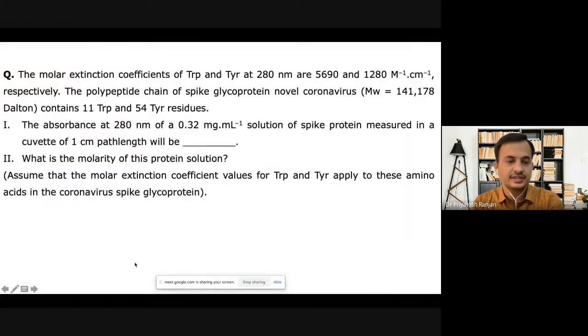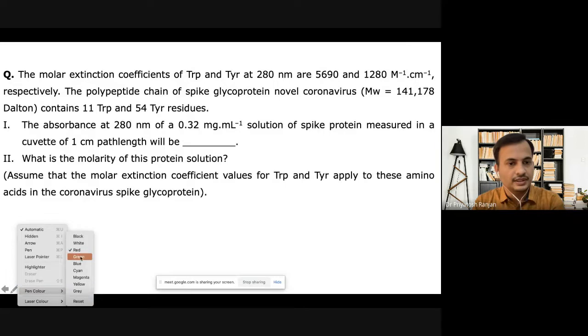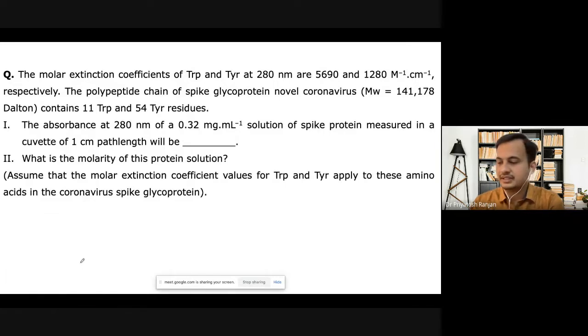In the first question, it has been asked to calculate the concentration as well as the molarity of the protein solution. The question says the molar extinction coefficients of tryptophan and tyrosine at 280 nanometer are 5690 and 1280 M^-1 cm^-1 respectively.